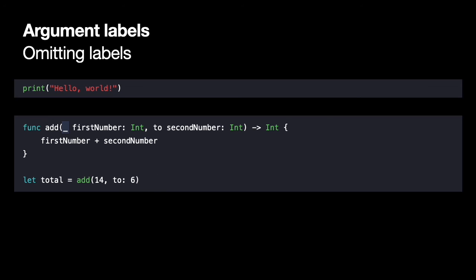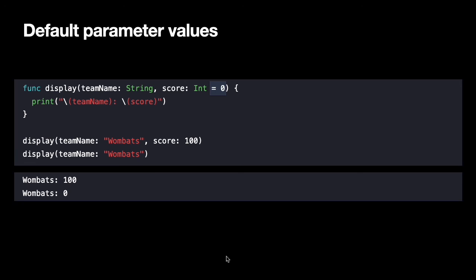We can have default parameter values. Here's an example of a function display where the first parameter, team name, is required. However, the second parameter, score, we could include score as a parameter, or if we did not do so, then a default value of 0 would be implied, thanks to this equals 0 at the end.